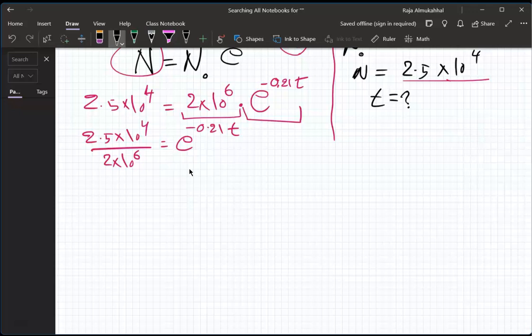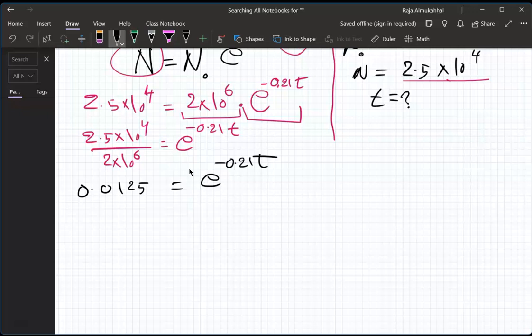Let me calculate it. Sorry. I have 2.5e4 divided by 2e6. What I will get out of this is 0.0125 equals e to the minus 0.21 t. As you can see here, now the problem looks a little bit better.